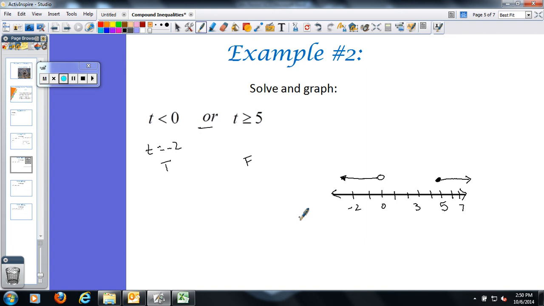If both are true, that is a true statement. The only time that won't be true is if both are false, okay? With or, you can think of it as either or, so one or the other one. And that's why these arrows are going away from each other, and this is what we call divergent. Okay?